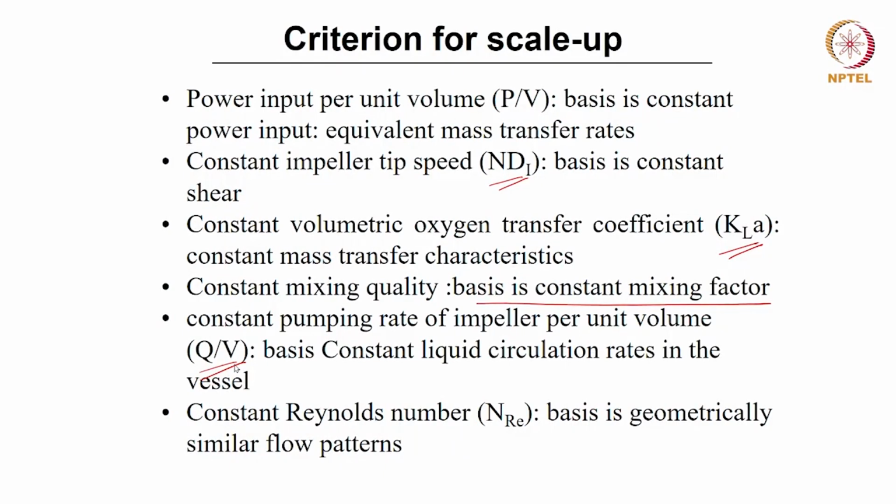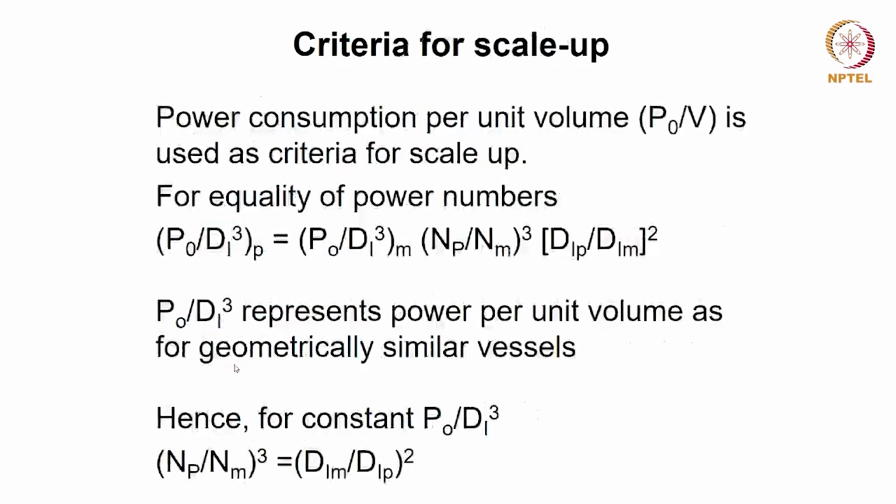Similarly, constant Reynolds number will be the basis for geometrically similar flow patterns at the two scales. So let's take these scale up criteria one by one and try to derive relationships between the different operating parameters at the two scales. So power consumption per unit volume is the first scale up criteria.